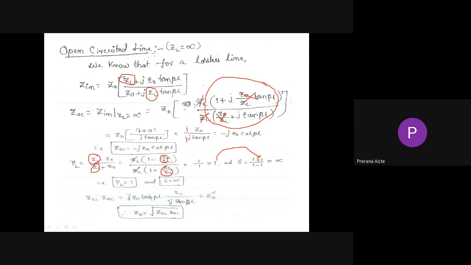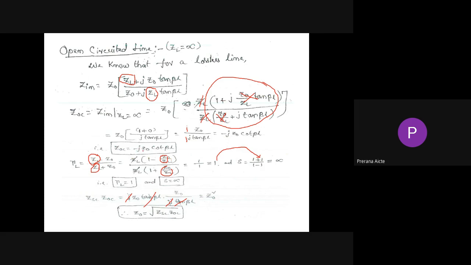Okay, so cot you can write in terms of tan, that is the inverse. Therefore, Z cancels, j cancels, then tan beta L cancels. Then what are the remaining terms? Here it is minus.